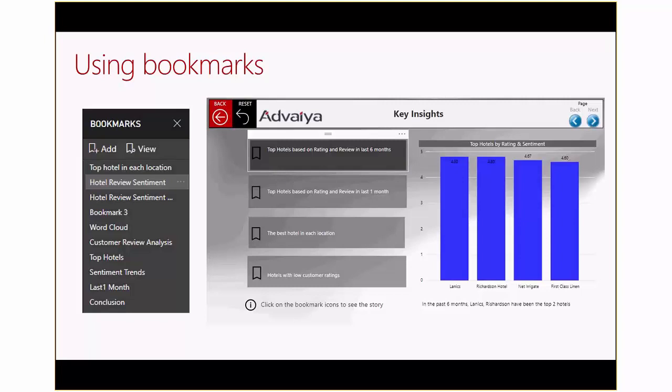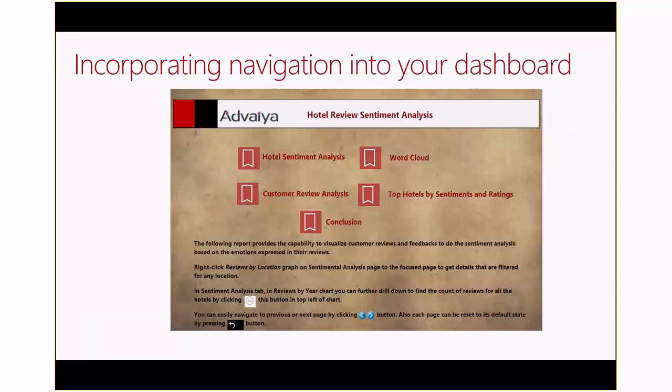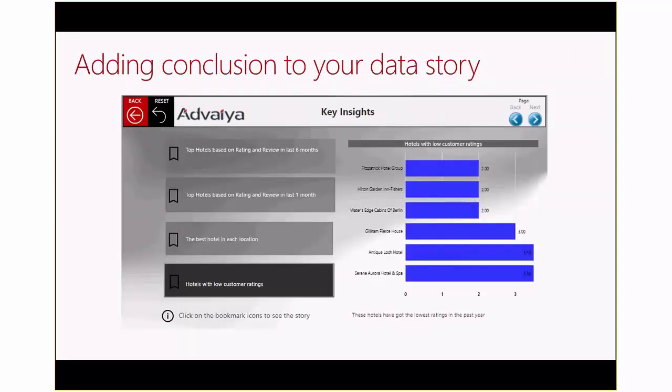In this particular one, you can see that we're using bookmarks to highlight specific conclusions about my data. And in this example, we're using bookmarks as a way to navigate through the report from a kind of pseudo homepage. We can click on a bookmark like hotel sentiment analysis, and once we get onto that page, we can click the back button that takes us back to this home page. And then, of course, we talked a little bit about the inclusion of key insights or a conclusion to your data.